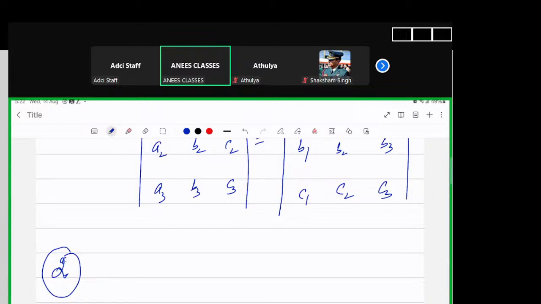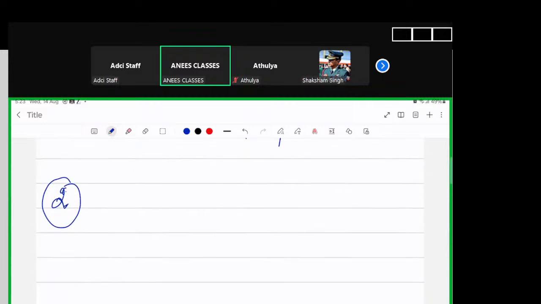That means if the value of the determinant is positive, then it will be negative; if it is negative, it will be positive. Understood? Yes. So I have A1, B1, C1, A2, B2, C2, A3, B3, C3.